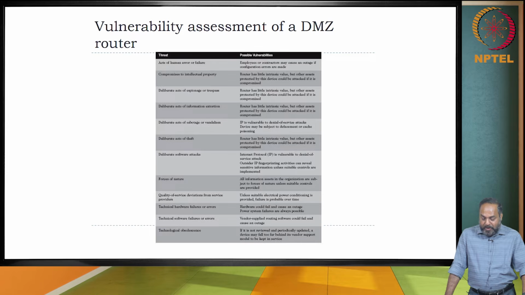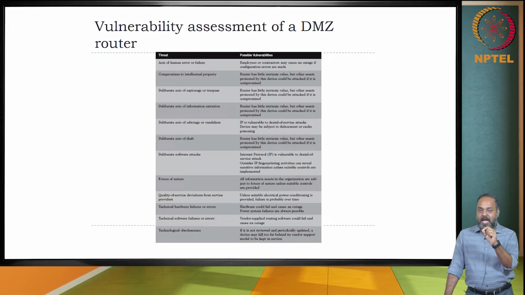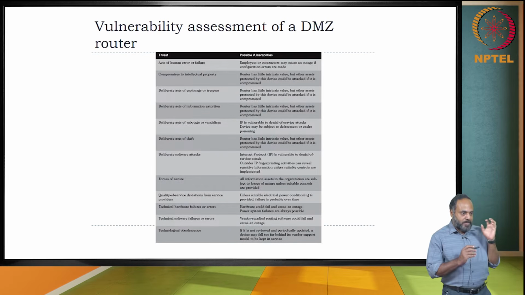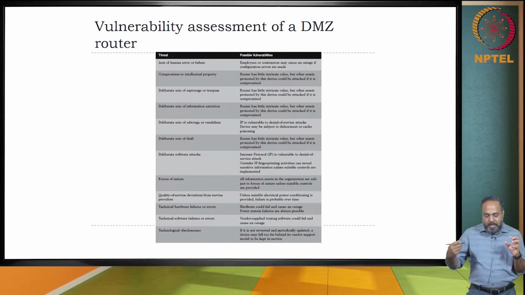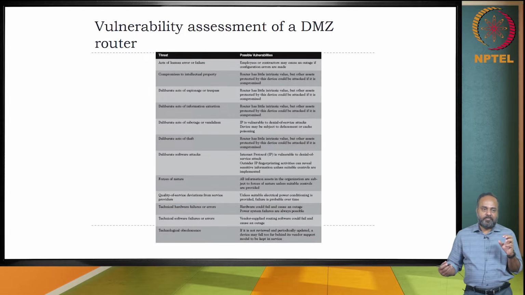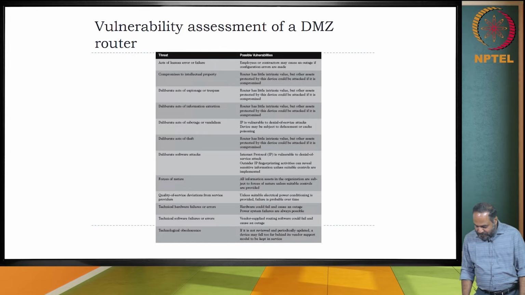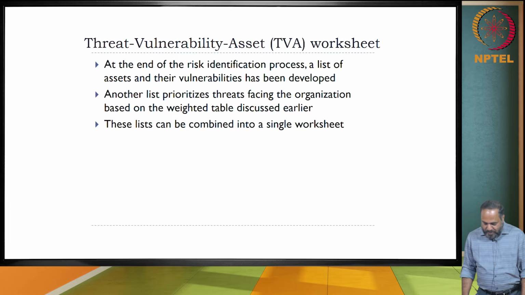Okay. So, you can see that you took one particular asset and then you are going through each threat and describing what are the potential vulnerabilities. You get the point? Take one router and all the threats, okay, and then describe what potential vulnerabilities exist. Okay. That is the process of assessment of vulnerability. For every threat, this is done for every asset.